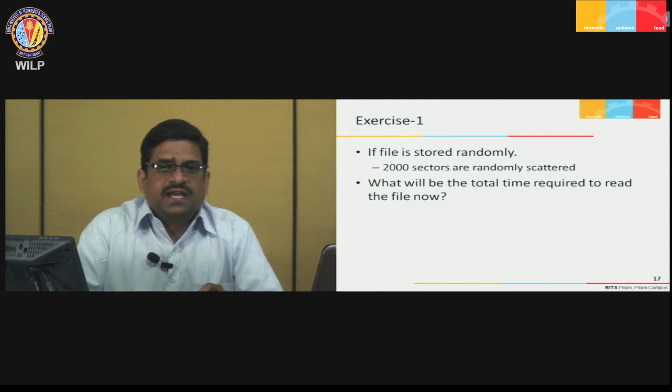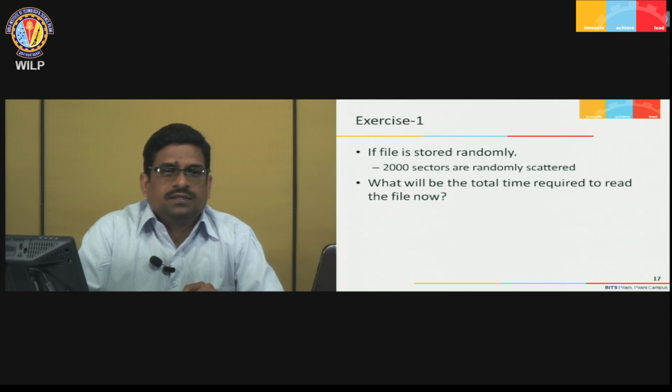Now if this file is stored randomly, all sectors are at different tracks and different sectors, no consecutive sectors are there. So in that case, what will be the total time required to read the file now?